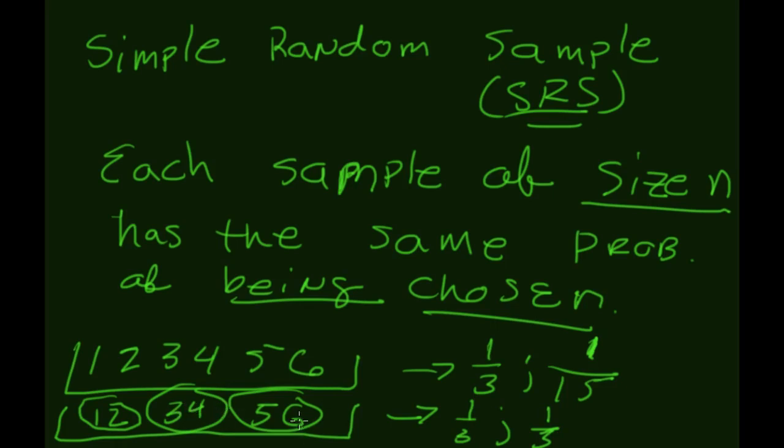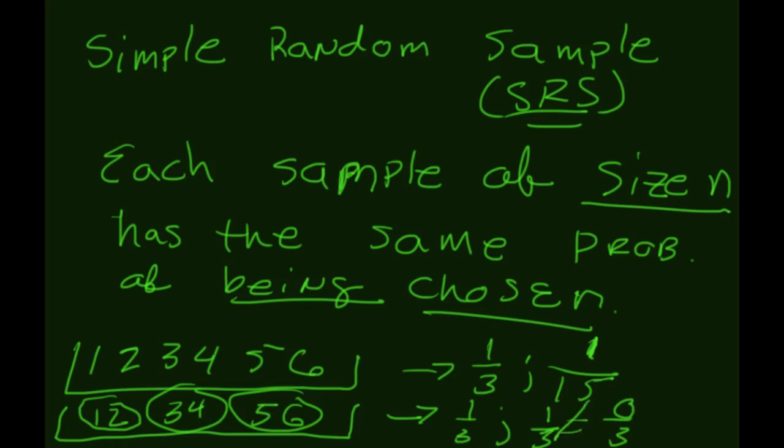Same with the pair 3 and 4, and the same with pair 5 and 6. But the pair 1 and 5 cannot be chosen. So that would be 0 out of 3. Because they're not on the same slip of paper, and I'm only picking out one slip of paper, the 1 and 5 can't be chosen together. Neither can the 2 and the 5, neither can the 2 and the 3, the 1 and the 4. These all come out as 0.